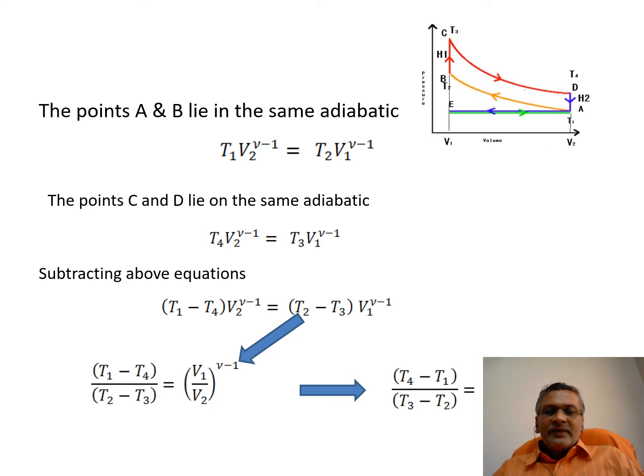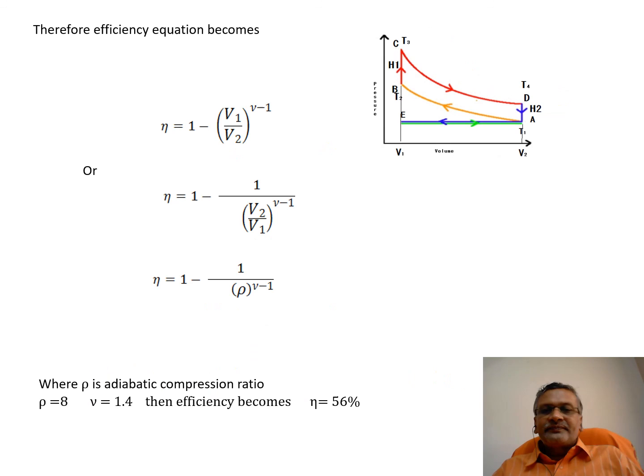Writing in reverse manner, (T4 minus T1) divided by (T3 minus T2) is equal to (V2 upon V1) raised to gamma minus 1. Therefore, further terms will be cancelled and eta is equal to 1 minus (V1 upon V2) raised to gamma minus 1. Therefore, eta is equal to 1 minus 1 divided by (V2 upon V1) raised to gamma minus 1, and rho is V2 upon V1.